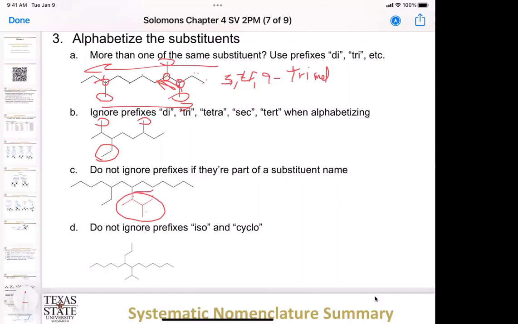So we're naming it for this whole part, not just that. The only prefixes we don't ignore are iso and cyclo. So isopropyl, and when we do cyclo compounds, those you don't ignore. Everything else is alphabetized by the substituent carbon number names.